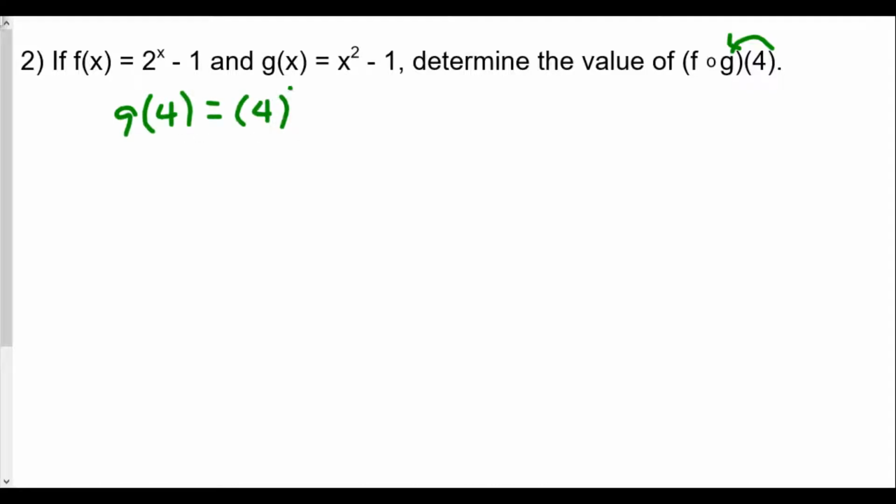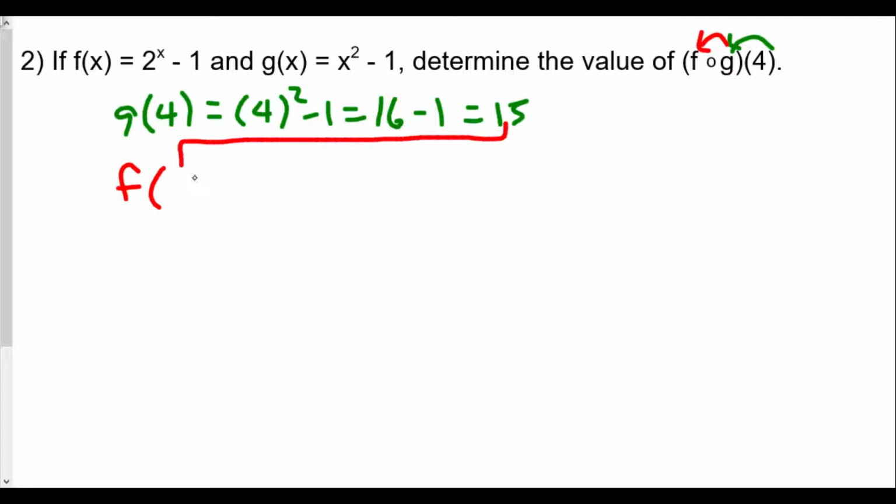That's 4 squared minus 1, which is 16 minus 1, or 15. And now we will plug this 15 into f, so f of 15 becomes 2 to the 15th power minus 1.